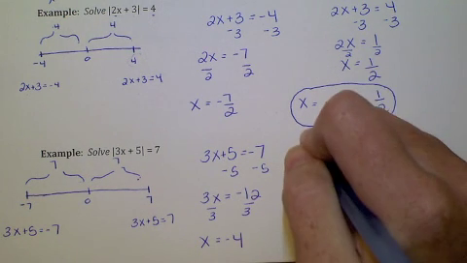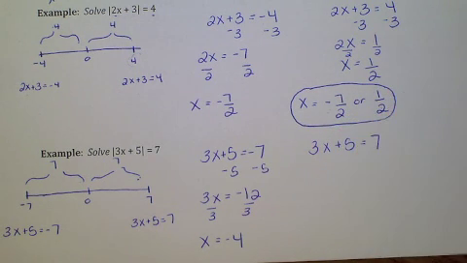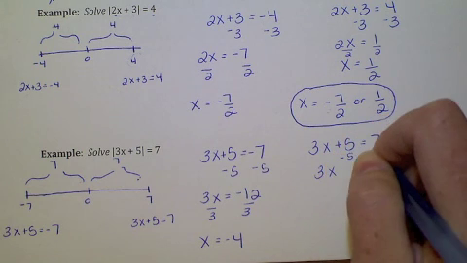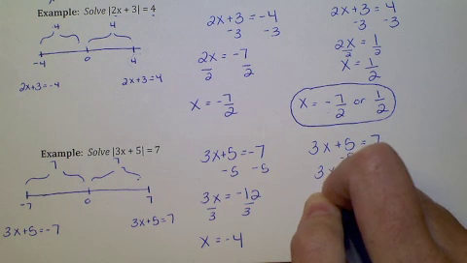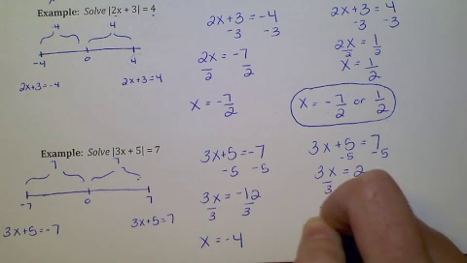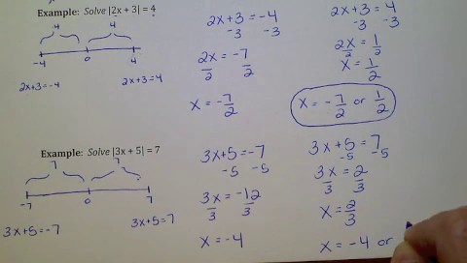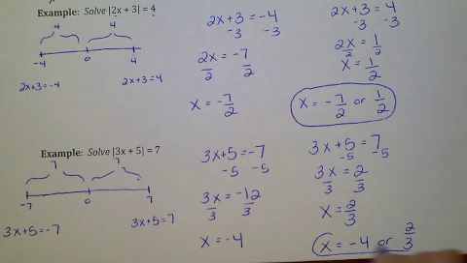That's one option, but if we live in the positive direction here, 3x plus 5 equals 7, so subtract 5 to the other side. That means 3x equals 2, divide by 3, x equals 2/3. So you have two solutions, -4 or 2/3. And there you go.